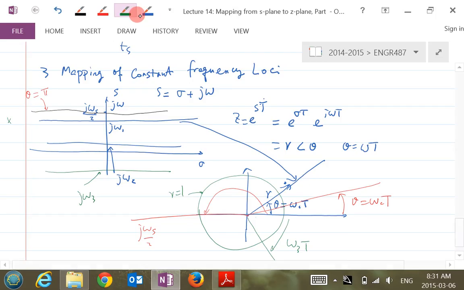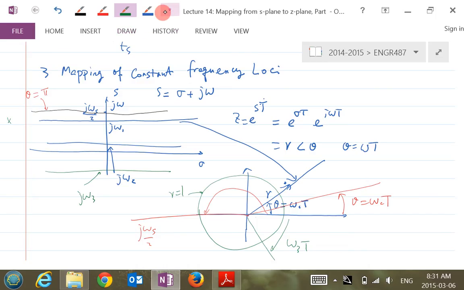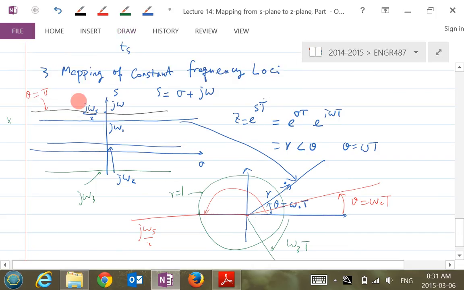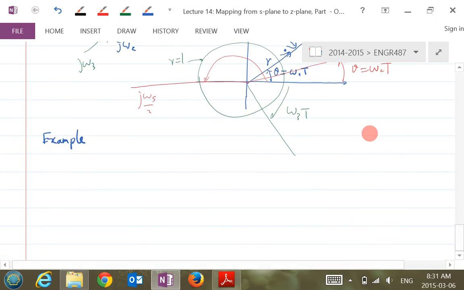So if you understand now, let's look at an example here. I'll give you a region.